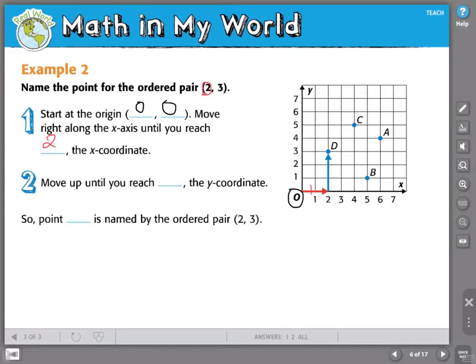So I travel 1, 2 units along the x-axis. The second number tells me about the y-coordinate. The second number is 3. So I need to travel 1, 2, 3 units up along the y-axis. So point D is what you find at ordered pair 2, 3.